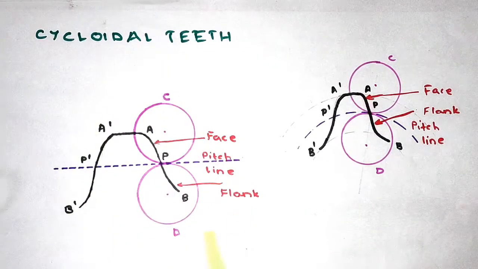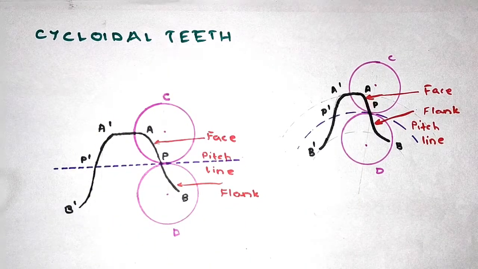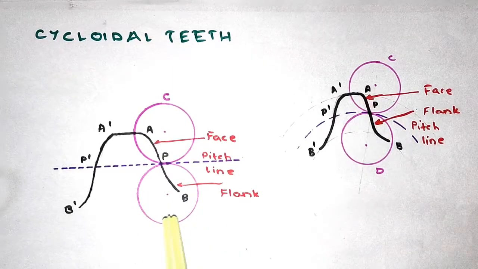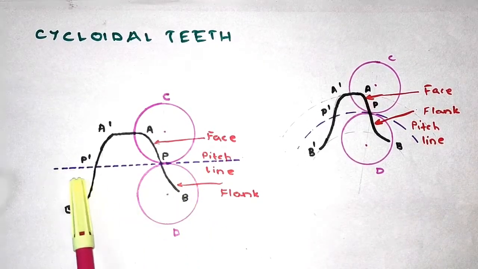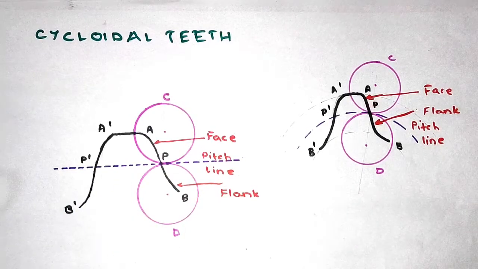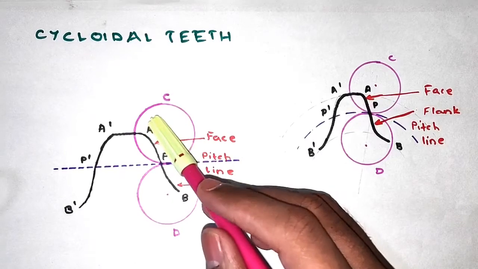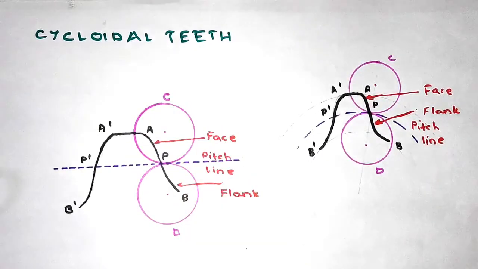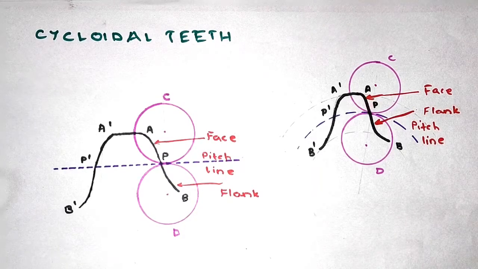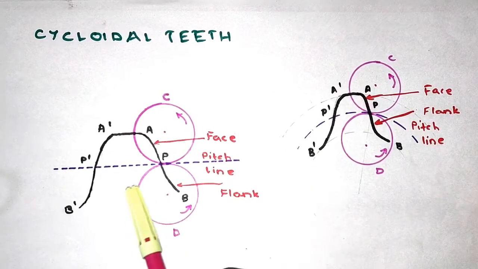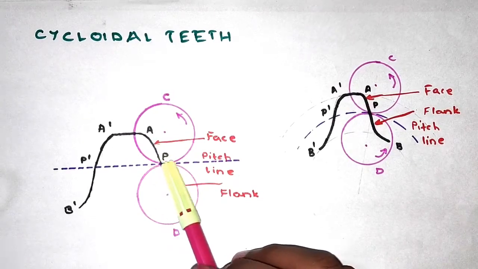So now let us focus on this figure. Consider the figure. The fixed line or pitch is the line for the rack as shown here. Now circle C is rolling without slipping above the pitch, and the direction is indicated here.